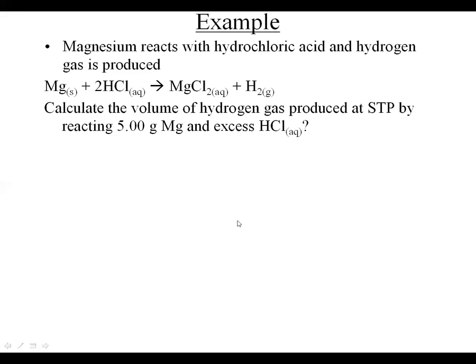And I think you'll just need magnesium's molar mass if you don't have it, 24.31 grams per mole from the periodic table. So why don't you take a minute or two, a couple minutes here, and calculate the volume of hydrogen gas that we would produce here at STP if we did this reaction starting with 5 grams of magnesium. And then we'll talk about it.